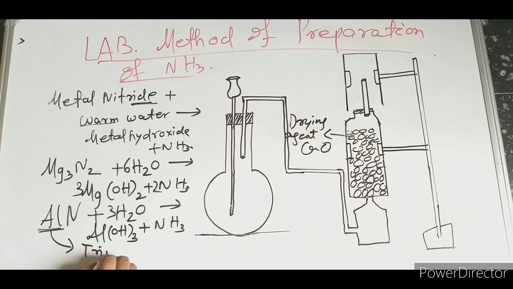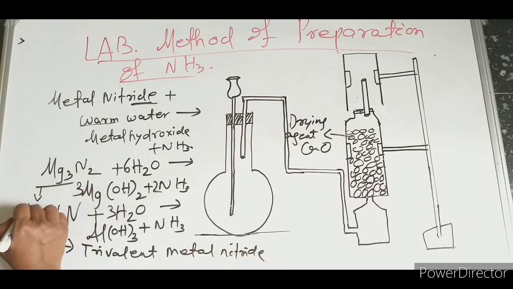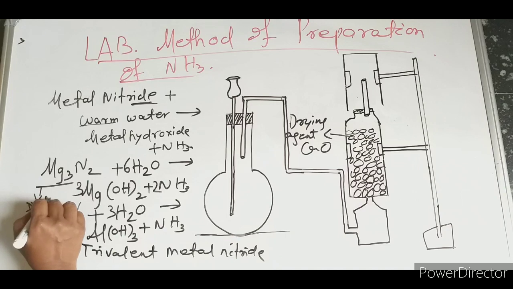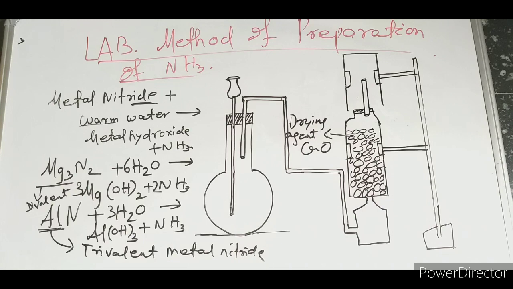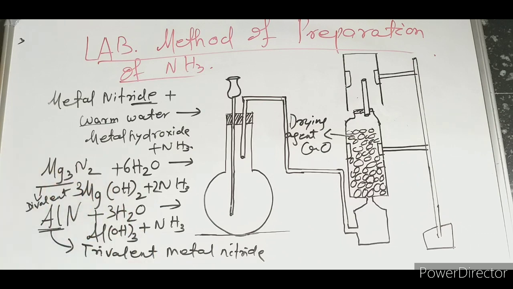Here this one is a trivalent metal nitride, and that one is a divalent metal nitride. Children usually make mistakes here, that is why I am telling this.